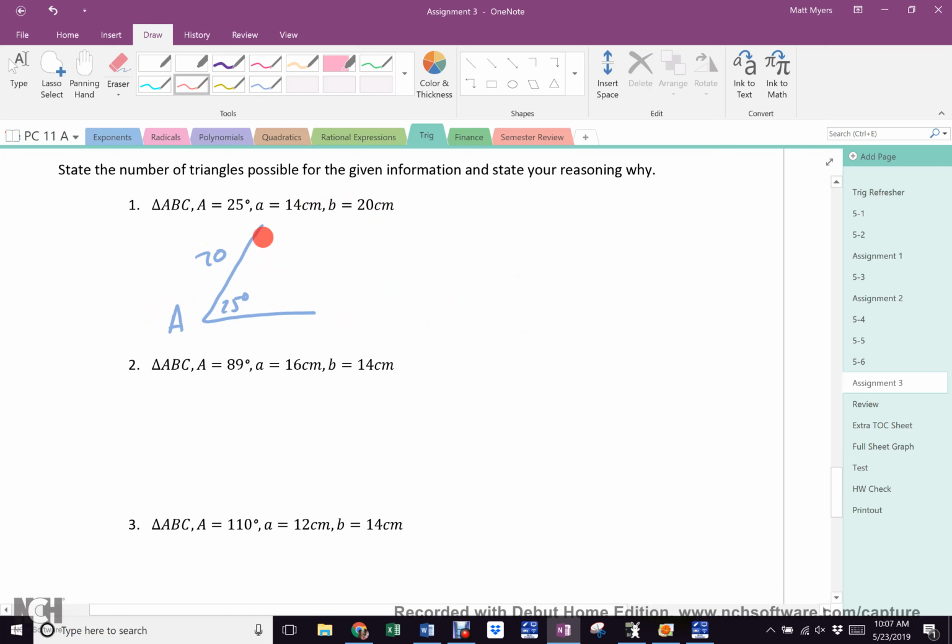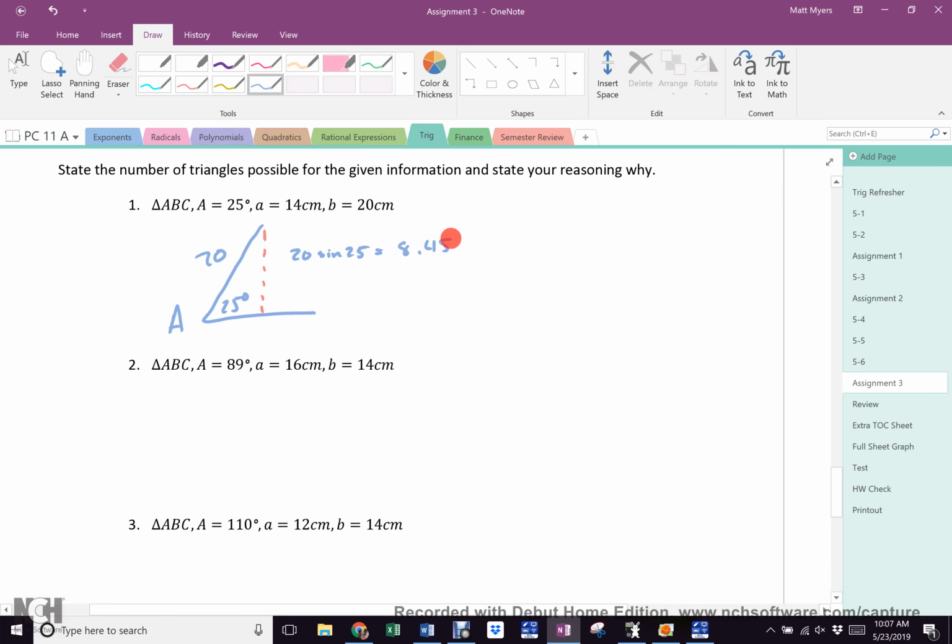Now, I use that information to tell me this distance. And this distance is 20 sine 25, which is 8.45. Agreed?